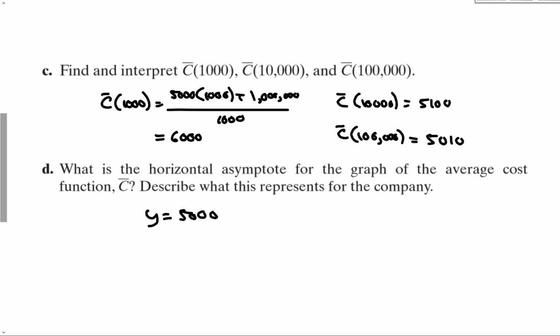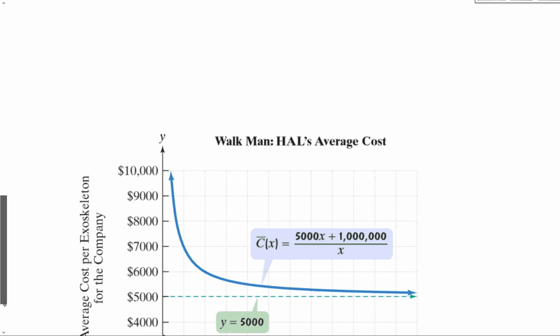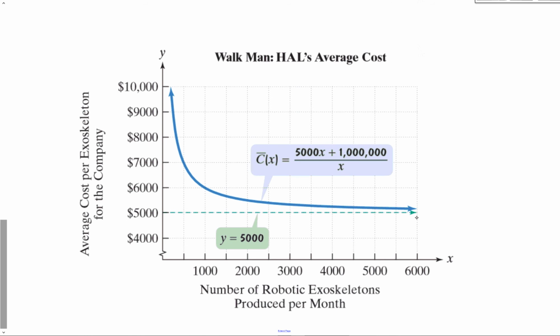Describe what this represents. It means the more you produce, the more savings you will have, and eventually you can get the cost down to around 5,000. So if you only produce a few, they become very expensive. And as you produce more, you can get the average cost down.